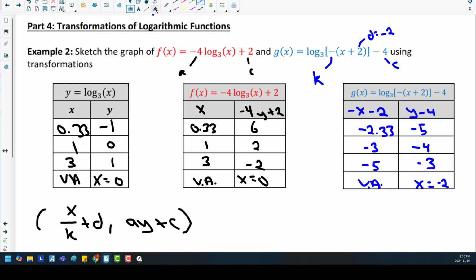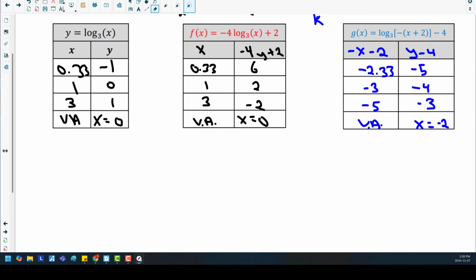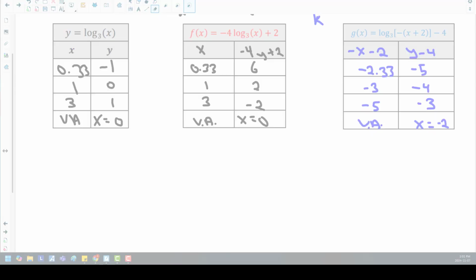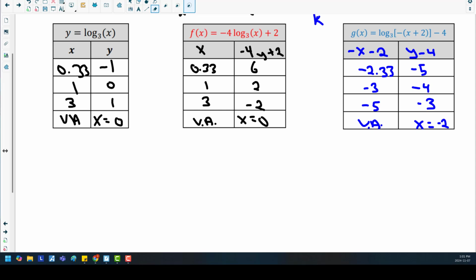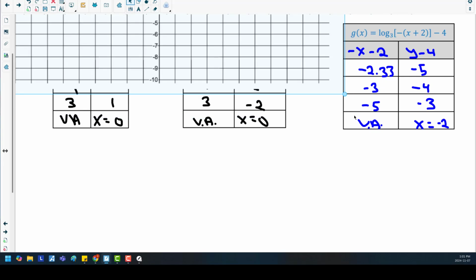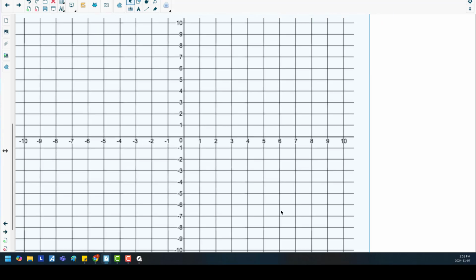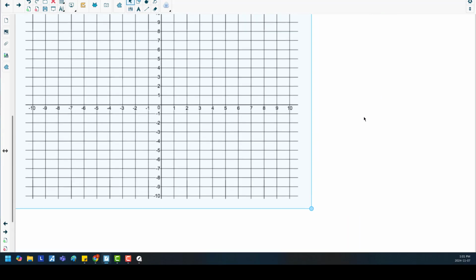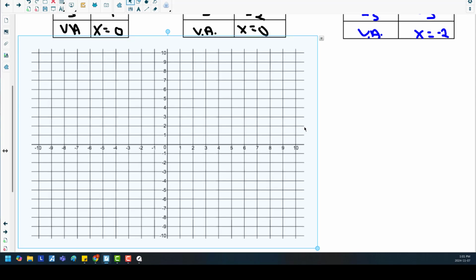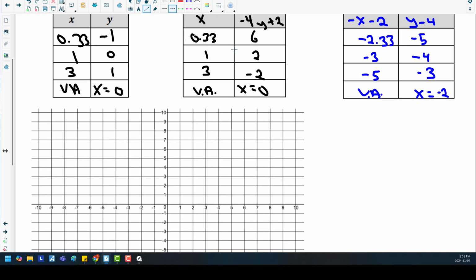Once you've done that, we can graph our functions. So let's graph. Okay, I think that's good. All right. So first things first, we should always graph our asymptotes.